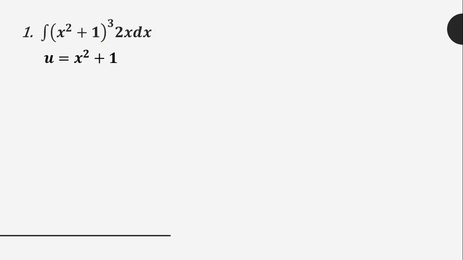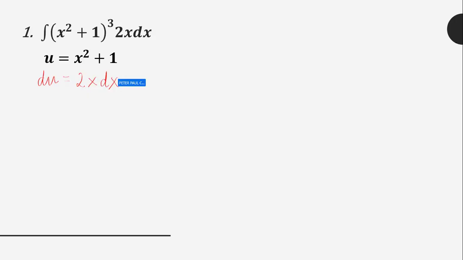And then this is quite confusing because we are integrating, but we will get the derivative of the function of u implicitly. So the derivative of u is du, right? And then the derivative of x squared is 2x dx.